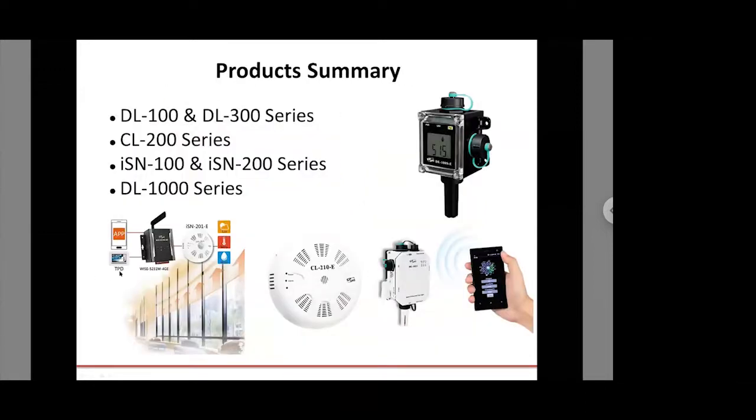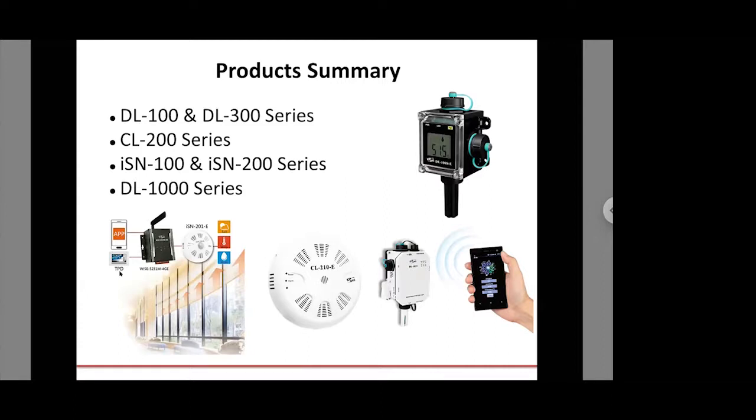But that's about it for applications, and we talked about a lot of different products today, so I'd just like to give you a quick summary. The DL100 and DL300 series are for reading outdoor temperature and humidity sensors. It also includes CO and CO2 sensors, perfect for greenhouse, garden, agriculture, and food and beverage transportation situations.